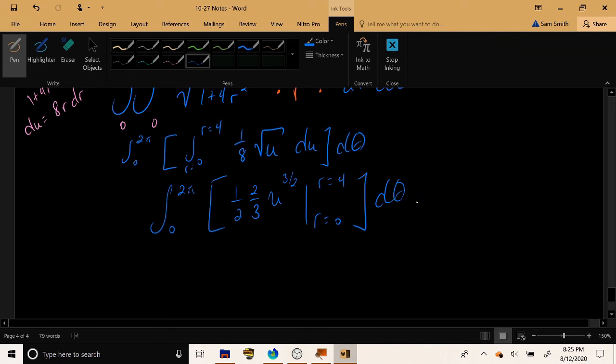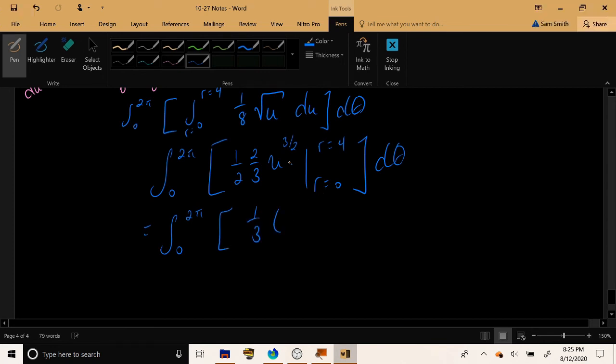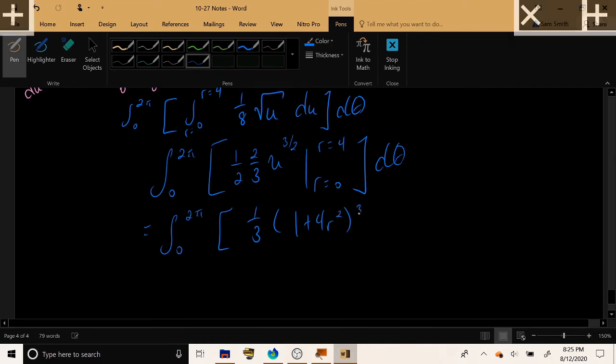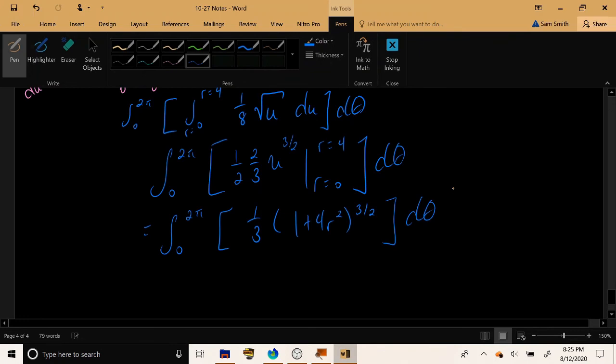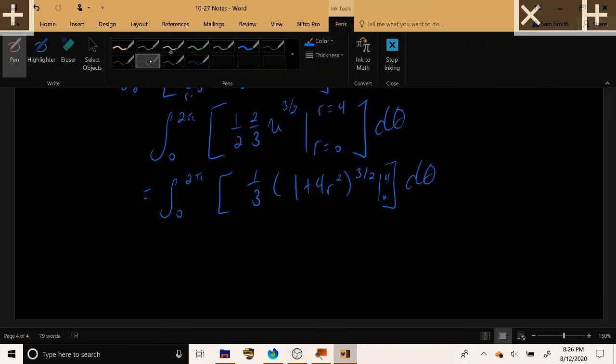So let's put back our values. 1/3, and instead of u, let's return to 1 plus 4r squared, from 0 to 4. So now when r is 4, when we plug that in, we get 4 times 4 times 4 plus 1 is 65.